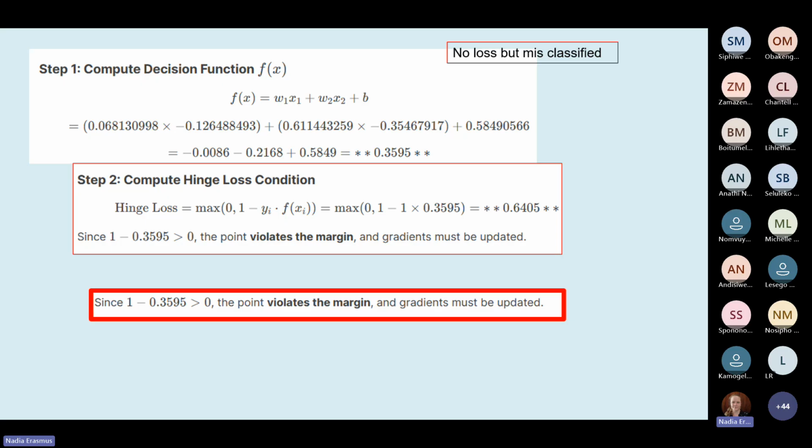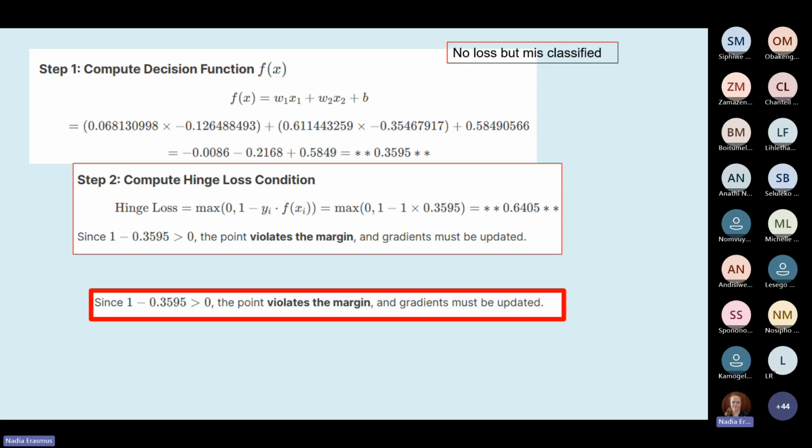Okay. Then we're going to compute the function. So the function is the weight of 1 times x1 plus the weight of 2 times x2 plus beta. Okay. And then you can also have the loss condition. The loss condition you can calculate now, because you have been given all of the values.